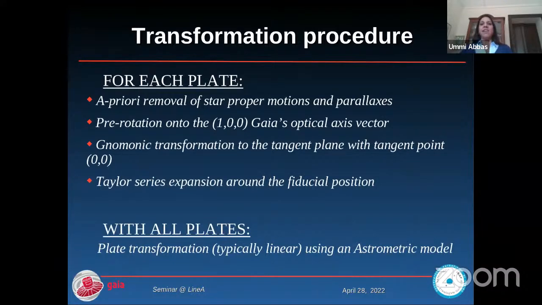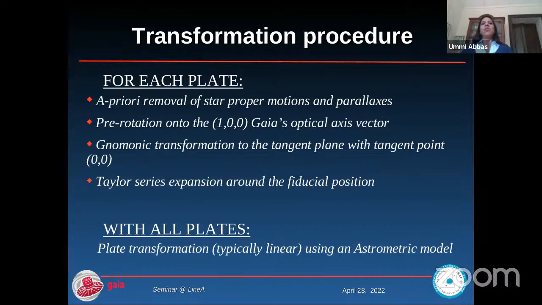And then there's finally a Taylor series expansion. This is essentially the principle of the transformation procedure that we follow, the principle of differential astrometry in our method. And once we have all these plates, we typically perform a plate transformation. So you have the different plates or different frames that have to be reported onto one reference plate.